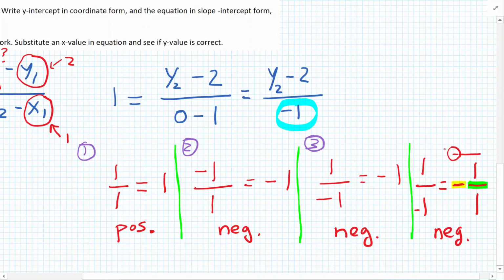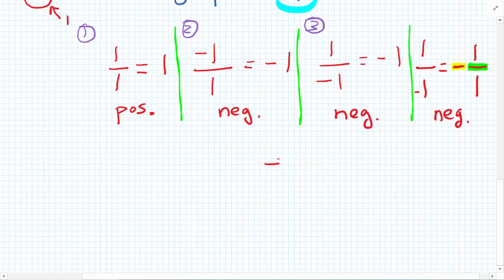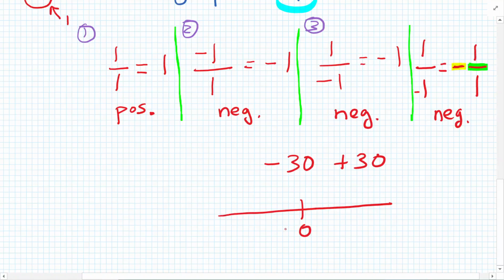And negative signs are important because what's the difference between -30 and positive 30? There's a big difference. If you have a number line here, you have 0 here, negative 30 over here, and positive 30 over here. It's this whole difference.